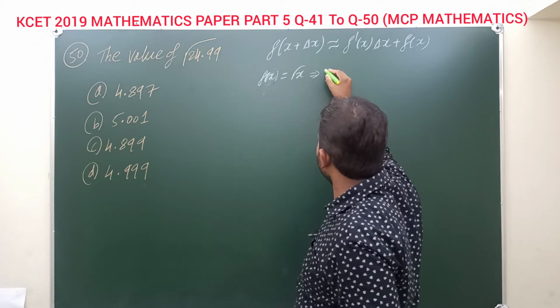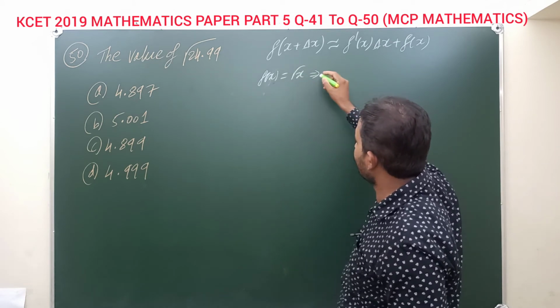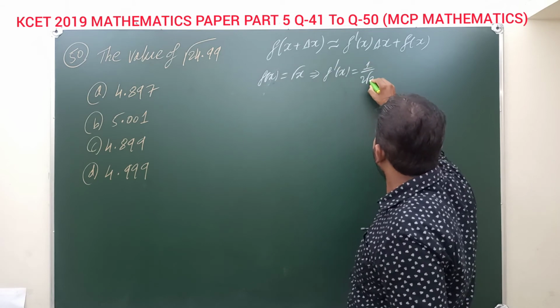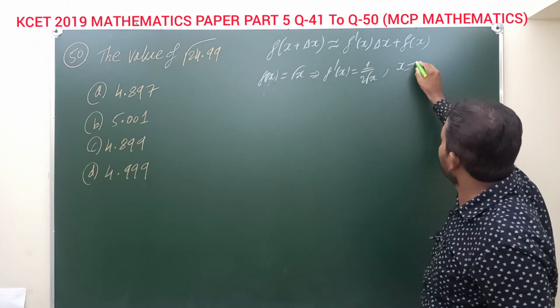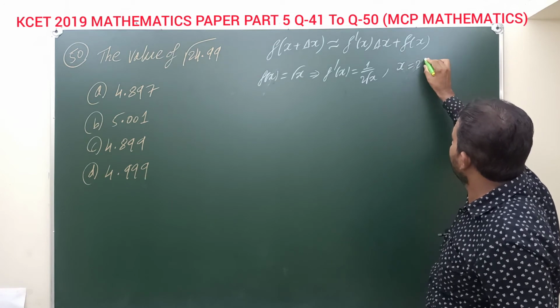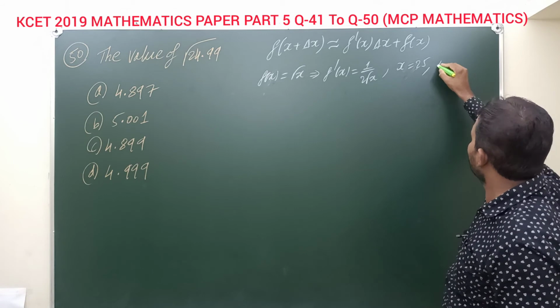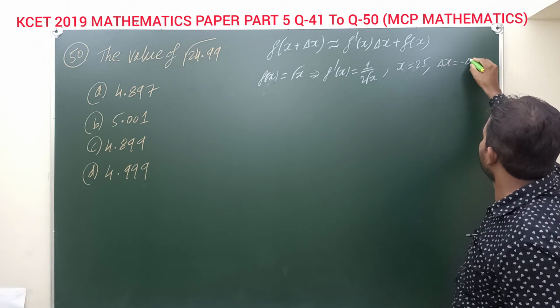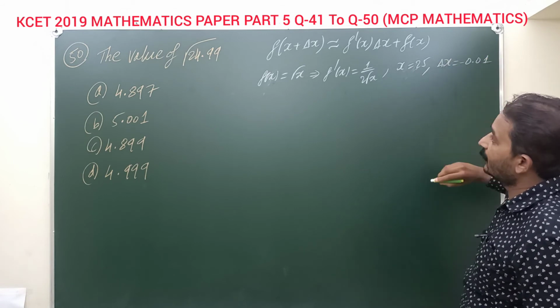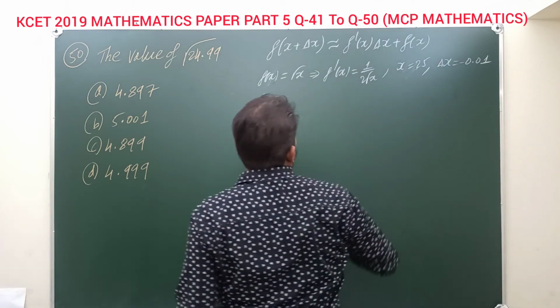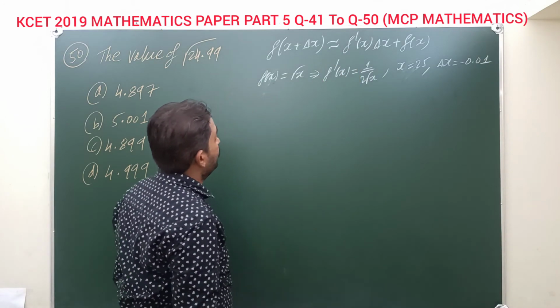We need the derivative of root x, so f dash of x is 1 by 2 root x. In this case x is 25, we take 25. The small change in x, delta x, is minus 0.01. Now substitute these values in this equation and we get the required answer.